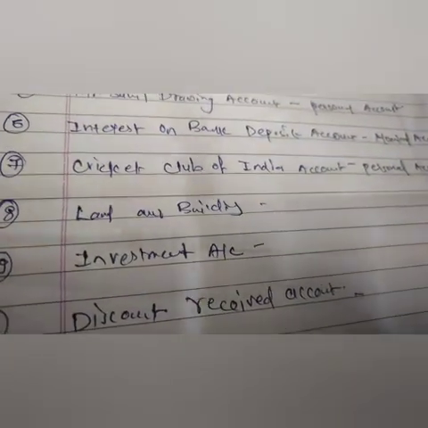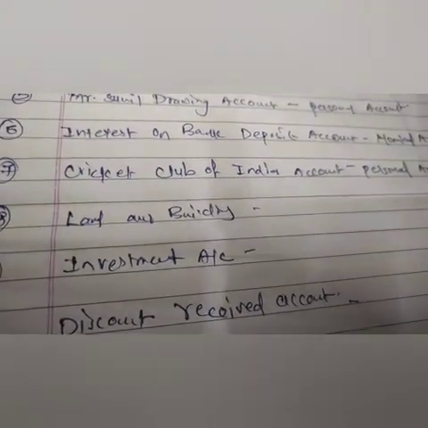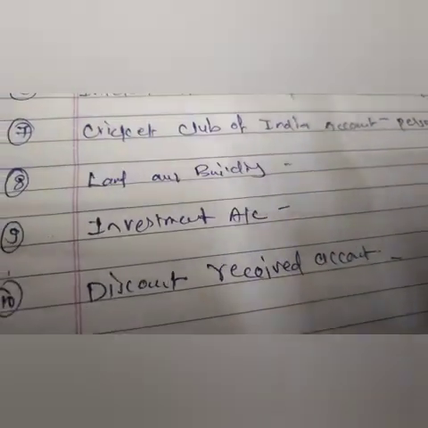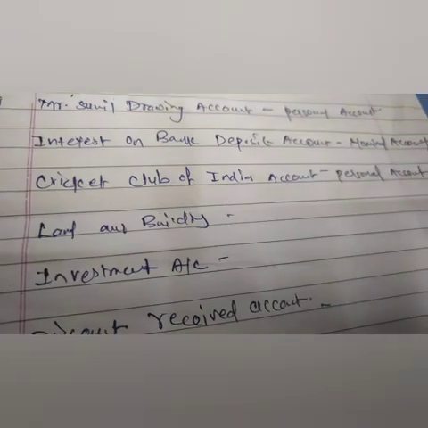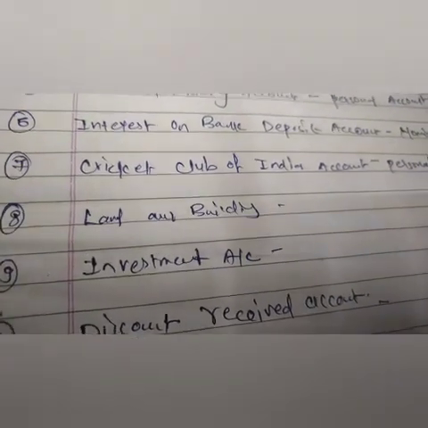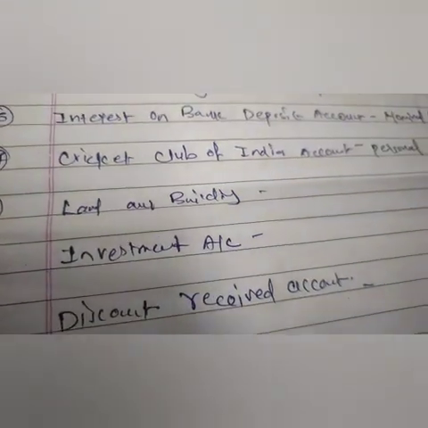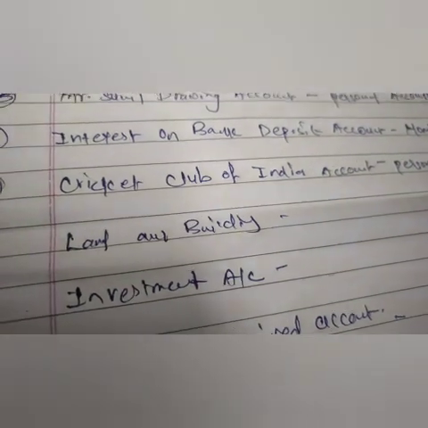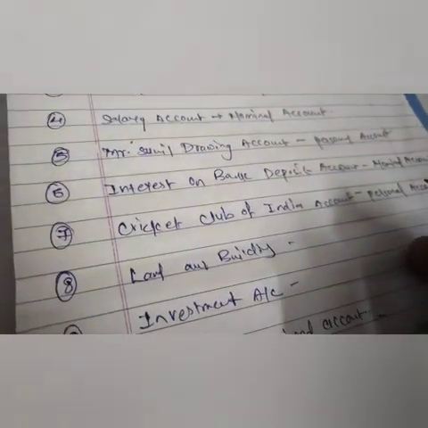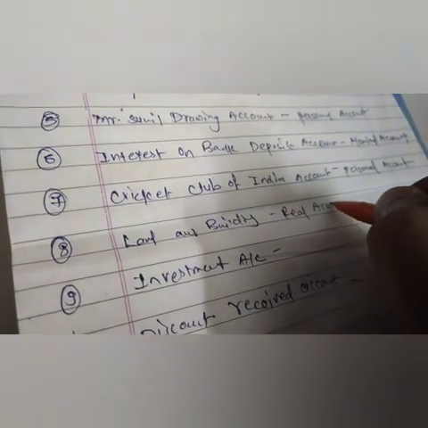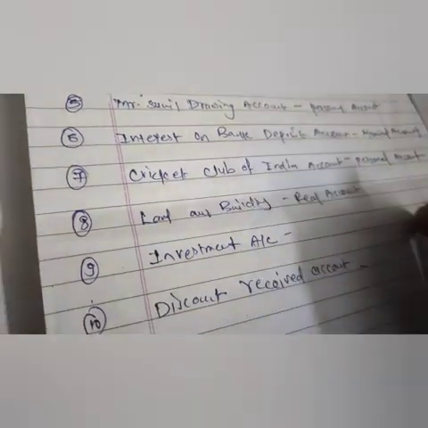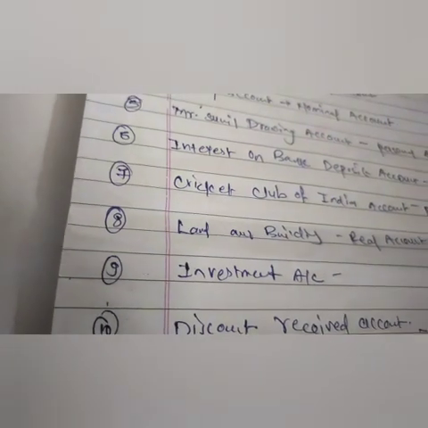What about land and building? Is it a personal account, no. Then the real account, tangible or intangible? Yes, it is a real account. It comes under the tangible account, because we can see and touch it. It is a real account. Then the investment account.